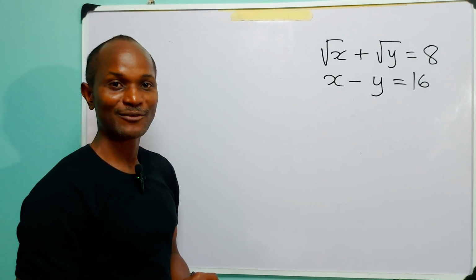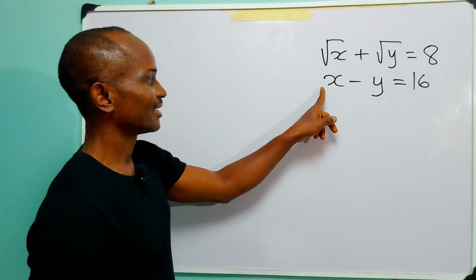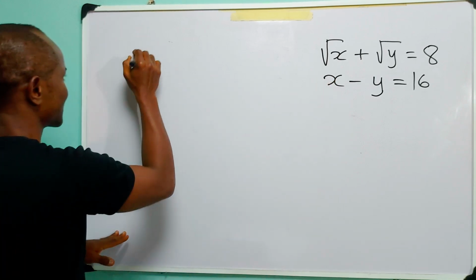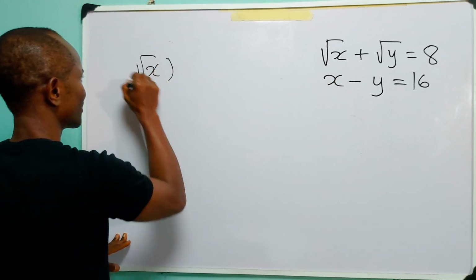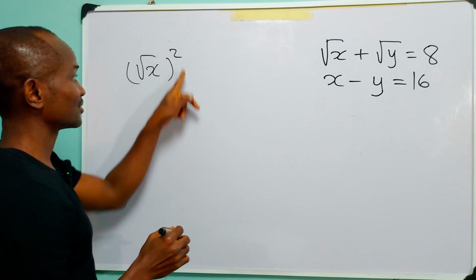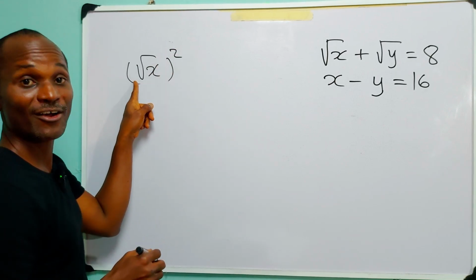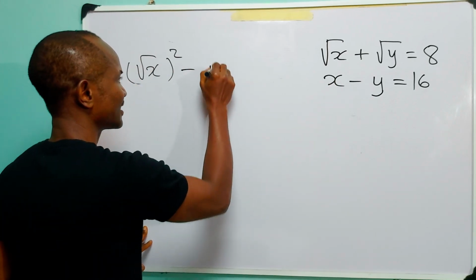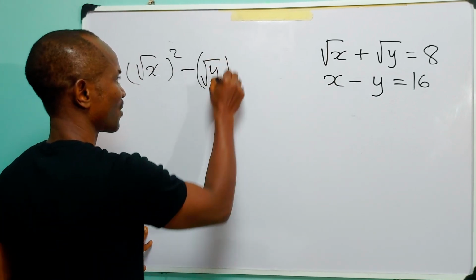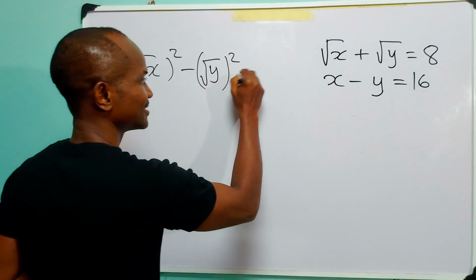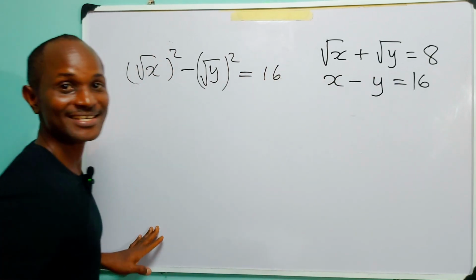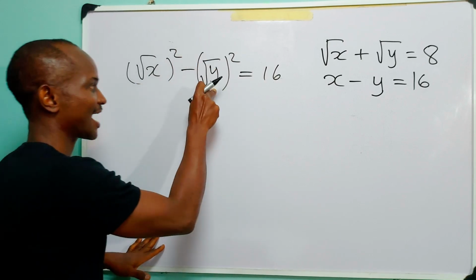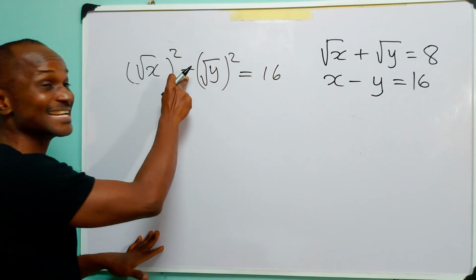Now, the second method of solving this equation starts off with the second equation. We can write x as square root of x squared, because the square will take care of the square root sign, leaving us with x. And we can write y as square root of y squared, and this is equal to 16. Now you have one quantity squared, another quantity squared, and a difference.